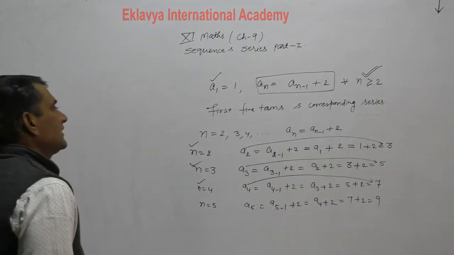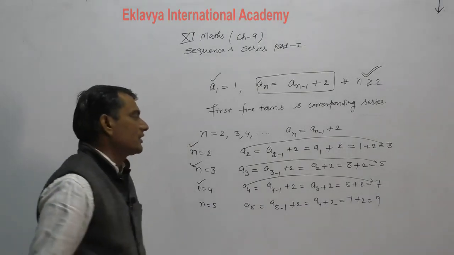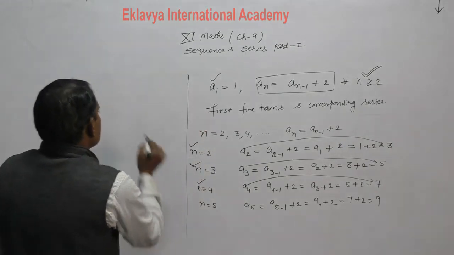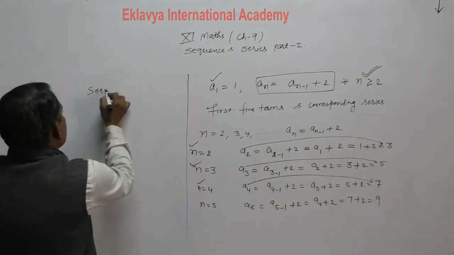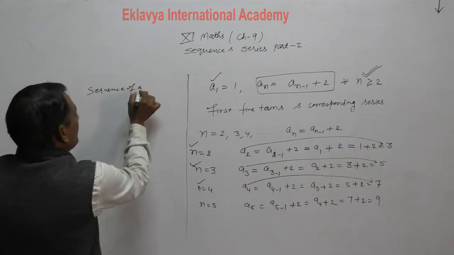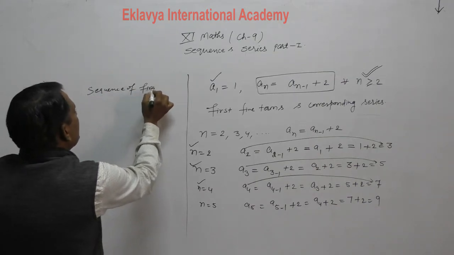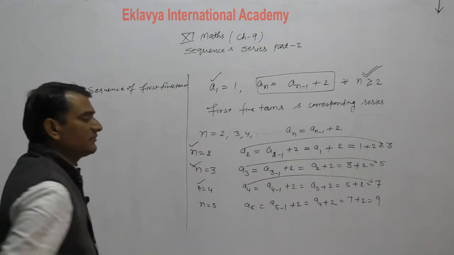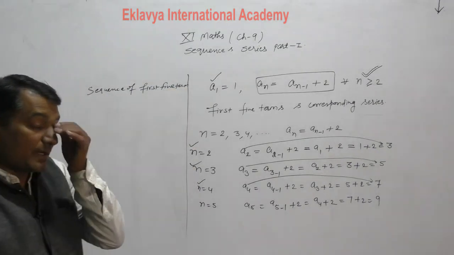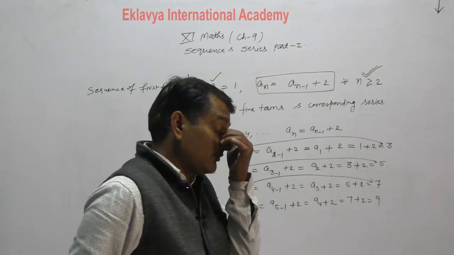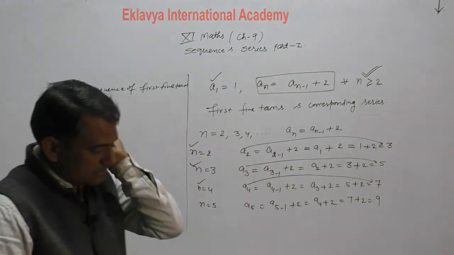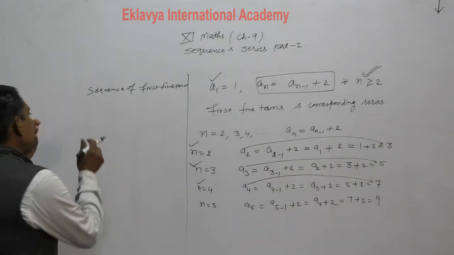So the sequence and the corresponding series. What is the sequence? The sequence of the first 5 terms. I already told you, a sequence is defined by separating the terms with commas, whereas a series is connected with the algebraic notation plus or minus, right?